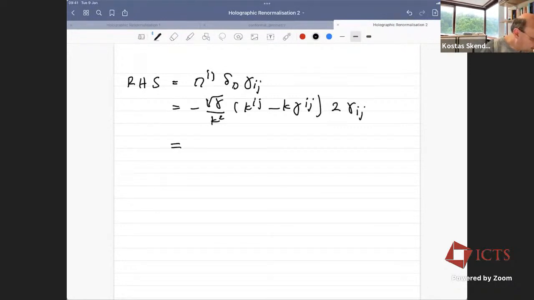So this gives K here, because I contract K with the metric, and a factor of 2 there.